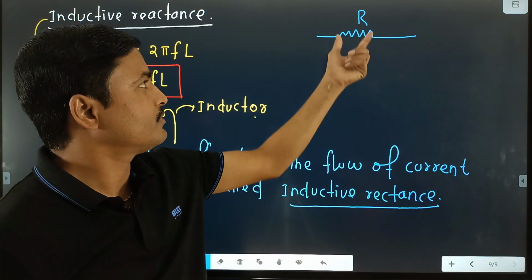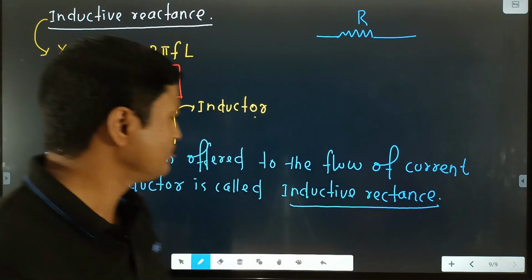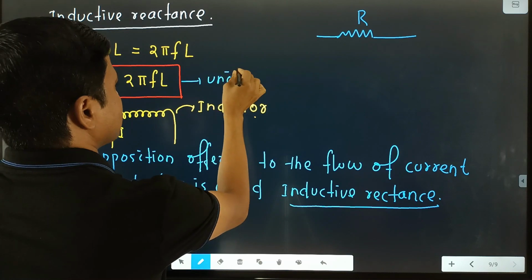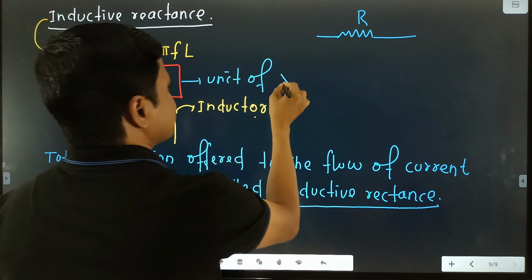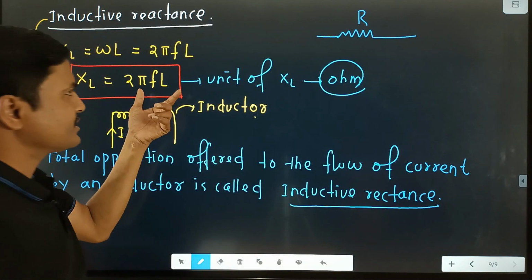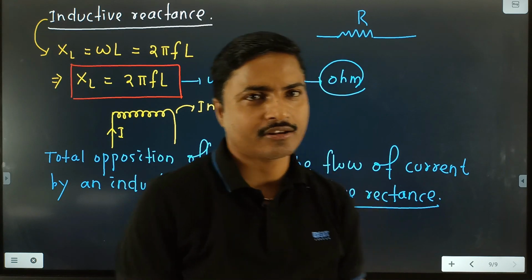And you know the unit of resistance is ohm, so the unit of XL is also ohm, and its dimension is the same as the dimension of resistance, clear.